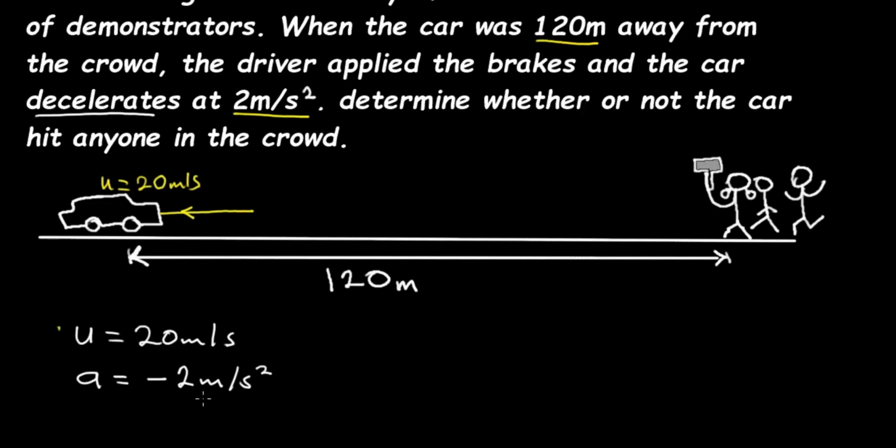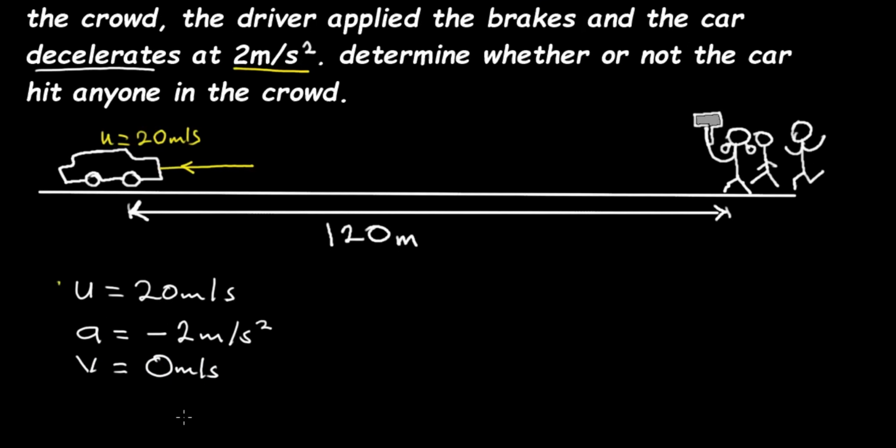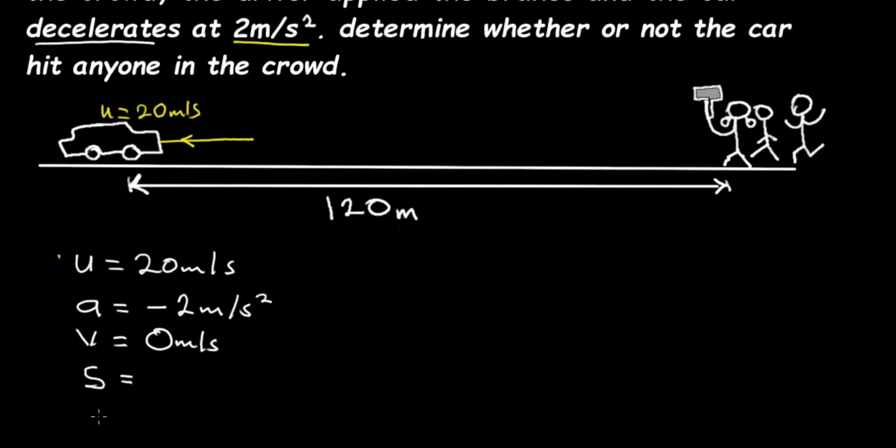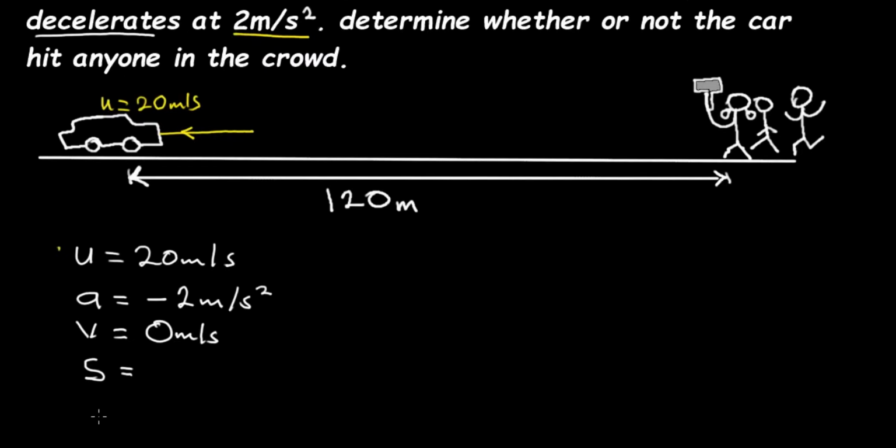So if the car has stopped, it means that the final velocity of the car at that point is 0 meters per second. So in determining whether the car hits anyone in the crowd, we need to know the distance it covered after it started to decelerate. So this is the data I can get out of the question.